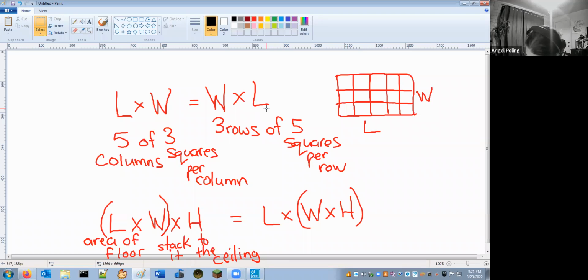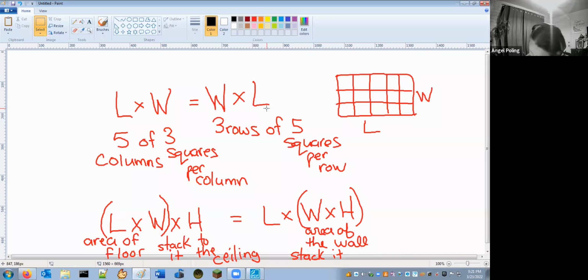So here in this one, we group the area of the wall and then we stack it times L to the, or across the room. Let me erase that a little.